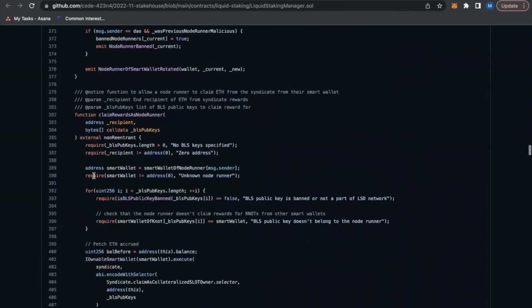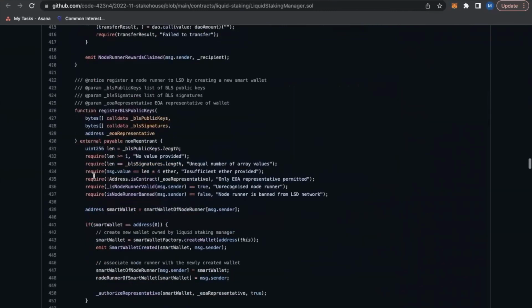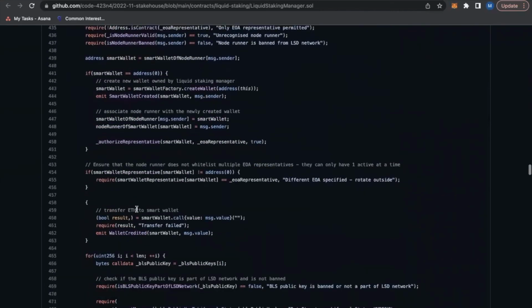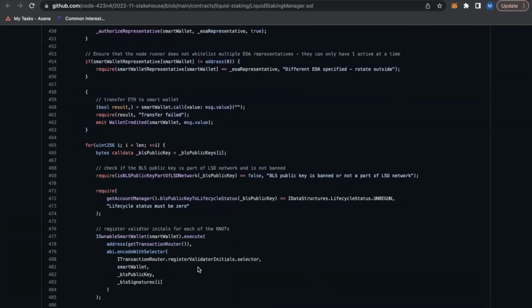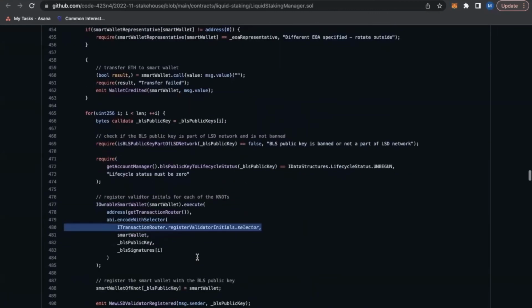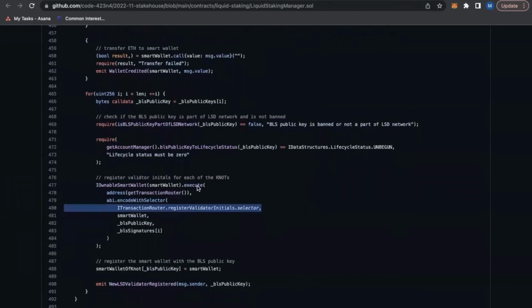I think we had something in the register BLS public keys, and that was register validator initials. So when you register your BLS public keys, this creates a transaction, register validator initials, to the Stakehouse protocol.